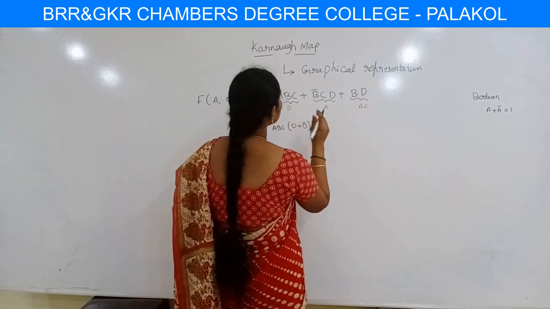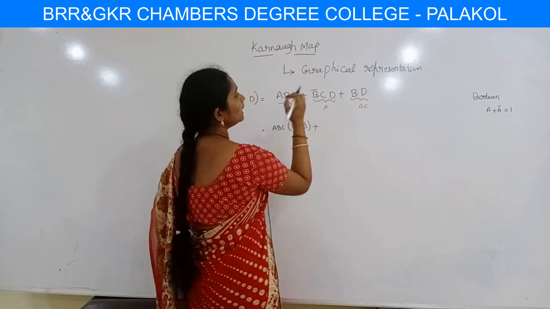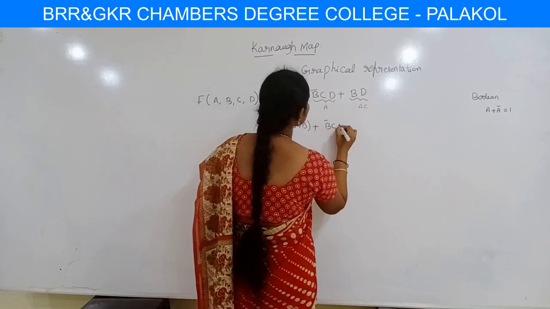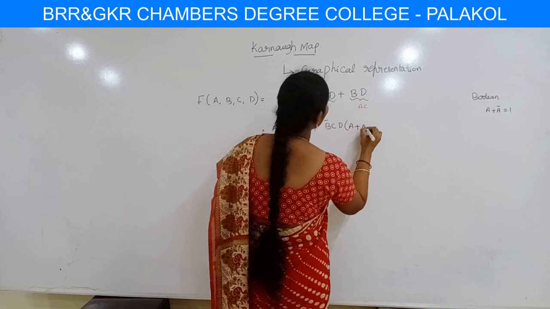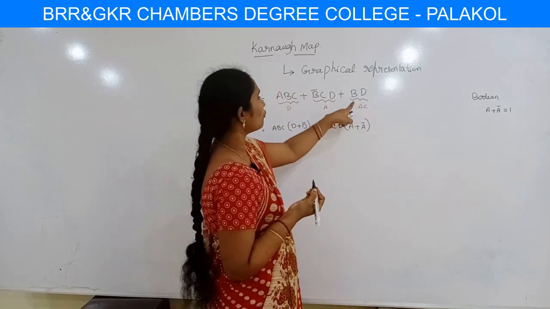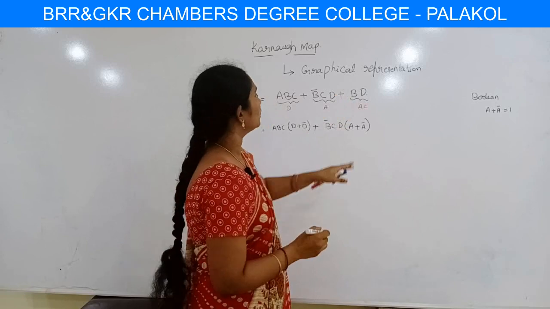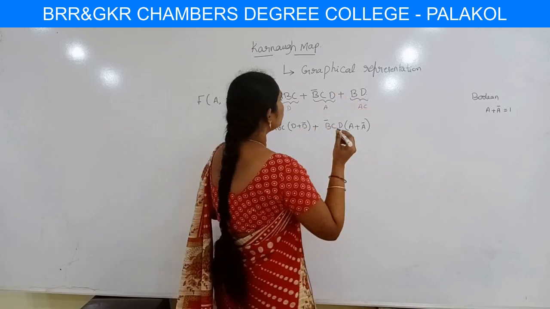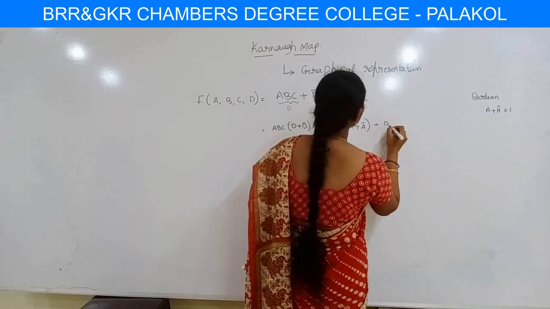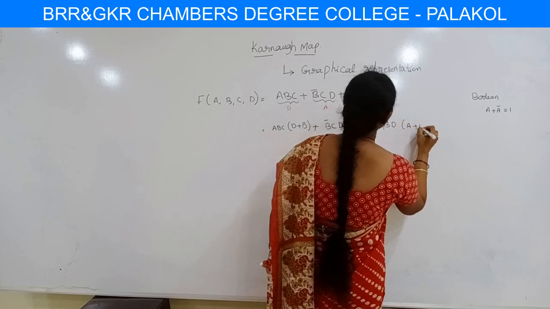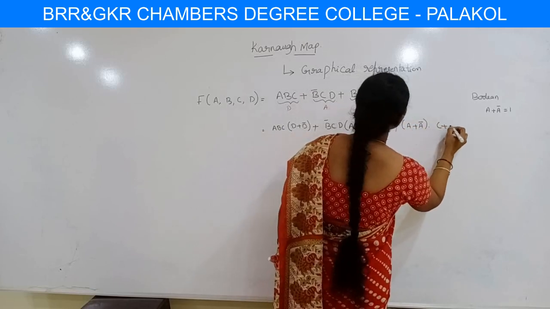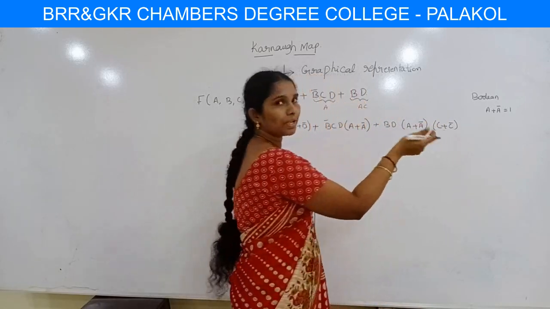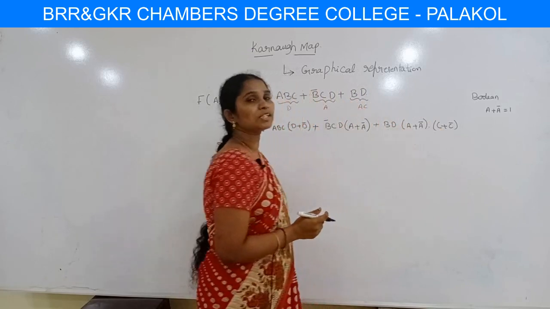Next, B bar C D has the missing letter A, so I write B bar C D into A plus A bar. Then in BD the 2 letters A and C are missing, so we write BD into A plus A bar and C plus C bar. This is 1 and this is also 1, so 1 into 1 is 1, and the BD expression is satisfied.